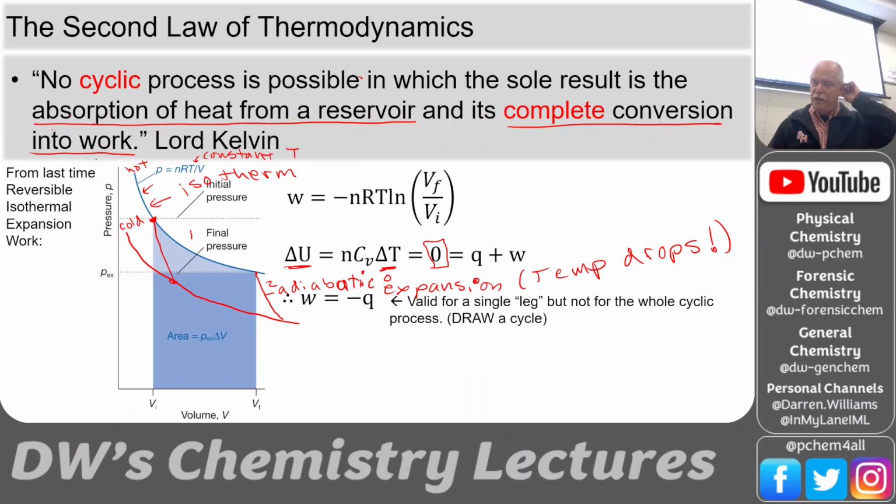We'll see why that is, and it's because of entropy, and also because this cold side would have to be 0 Kelvin for it to completely turn that heat into work. We can't have a cycle in contact with a 0 Kelvin environment, because as soon as you put something hot in contact with 0 Kelvin, it's not going to be at 0 Kelvin anymore. It's going to heat up.